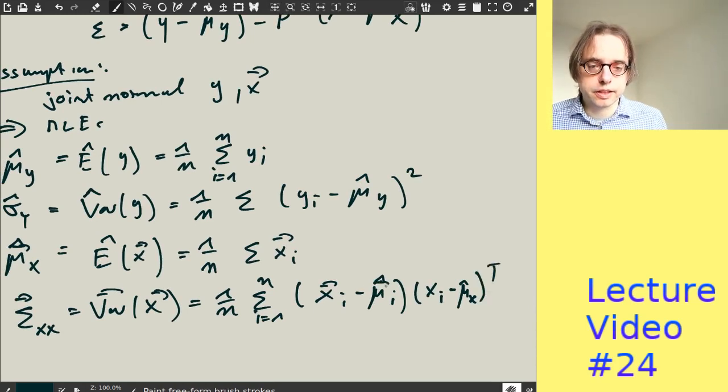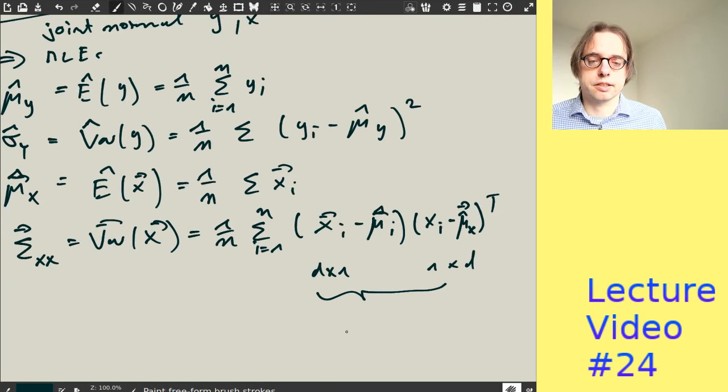Note these are all vectors, and this is a d times 1 vector, and this is a 1 times d vector, so the whole thing is a d times d matrix, as it should be.